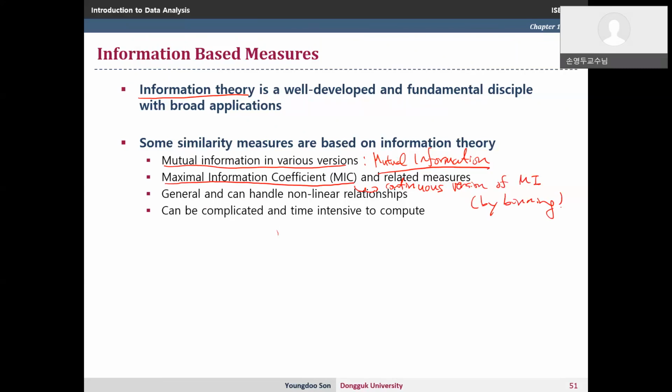The information-based measures usually can handle nonlinear relationships, unlike the correlation. However, they are somewhat complicated and take some time to compute.